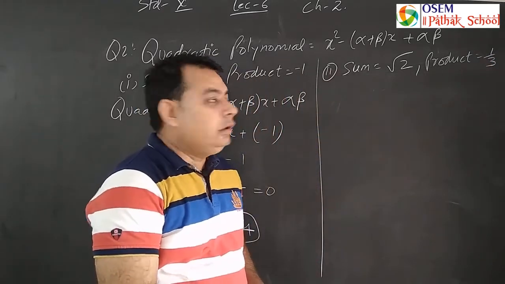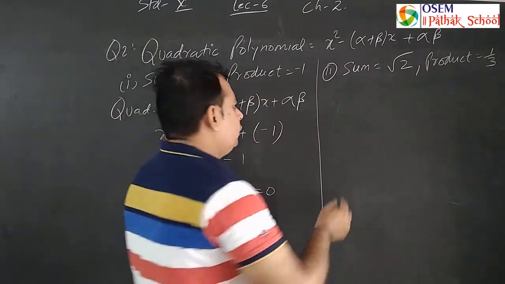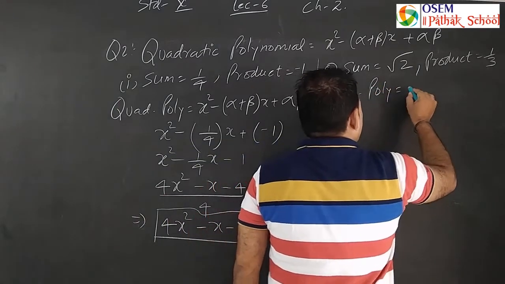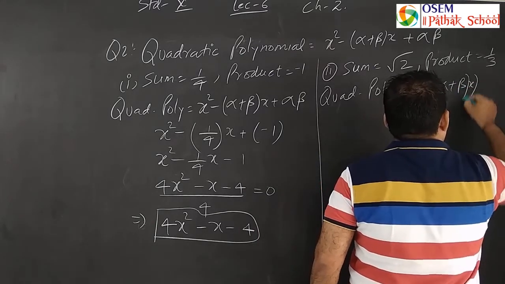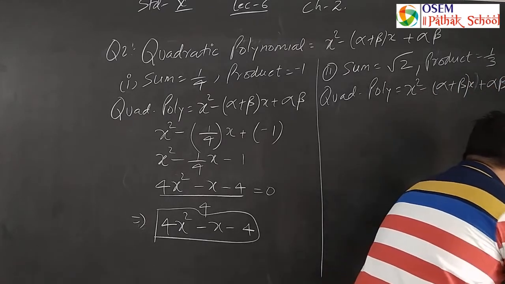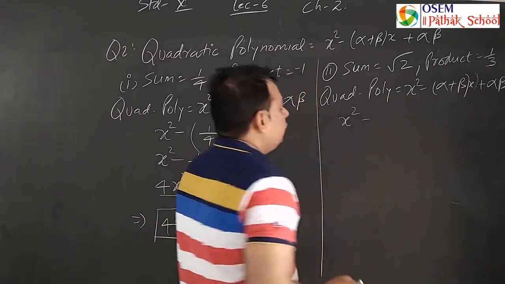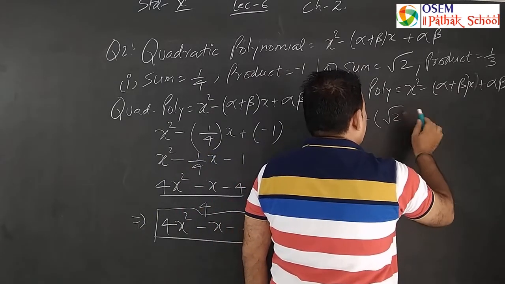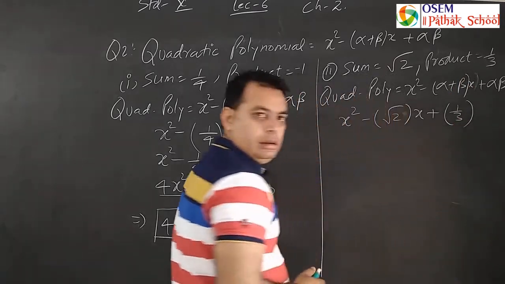Now just apply the formula: the quadratic polynomial is x square minus sum x plus product. x square, the sum is root 2 x, plus the product 1 by 3.